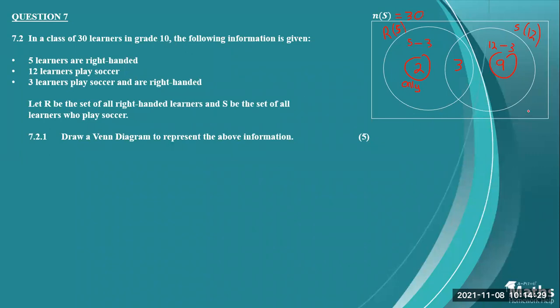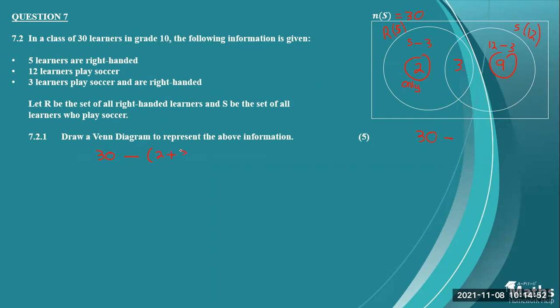Right. So how would we figure out this one? Well, I'm going to work it out by saying it's 30 minus. Now I want to exclude, I want to take away the 2, the 3, the 9.